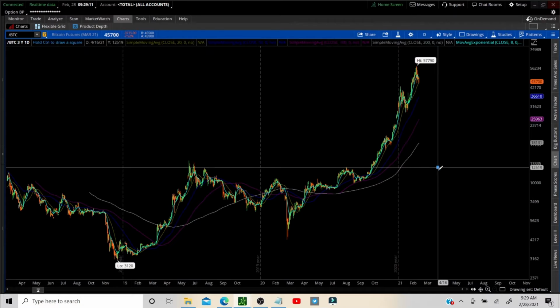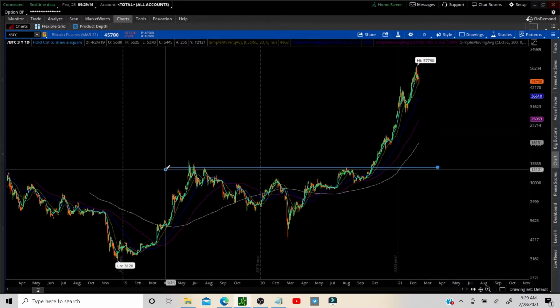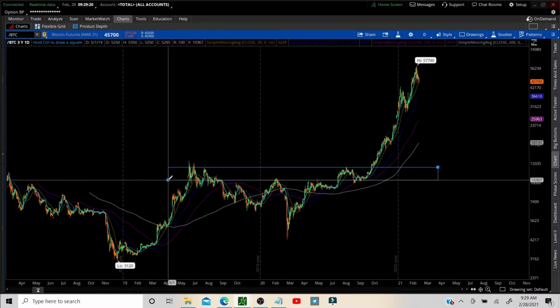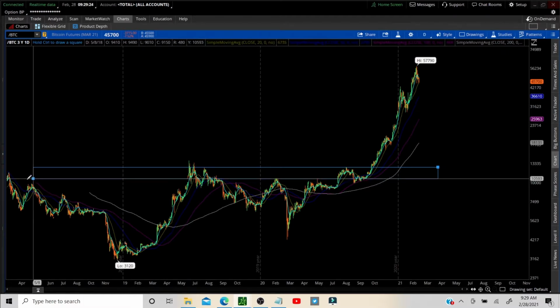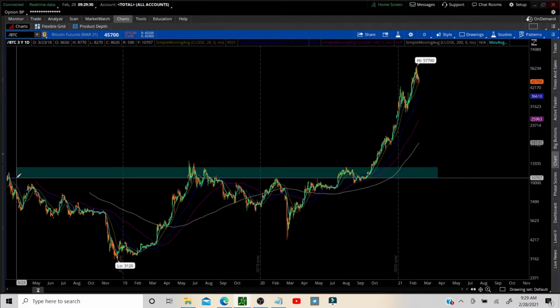But we know that this support here has a couple touches, and we know that support there has multiple touches over time. So that would be considered a supply zone.